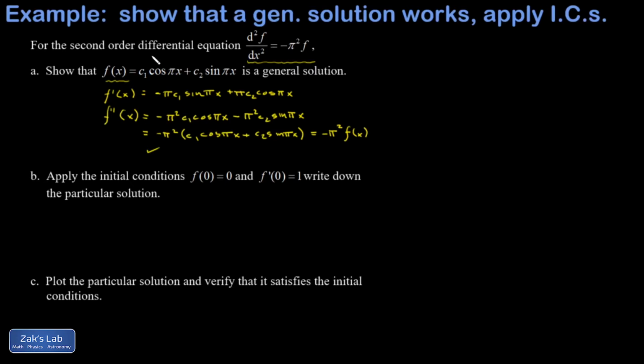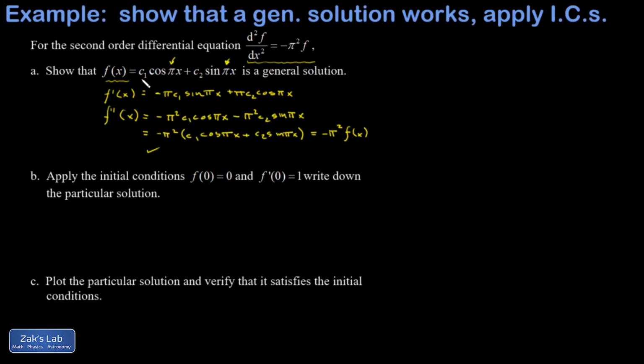One thing I wanted to point out about the solution space here is that this is all possible wiggles with a period of 2, because 2 pi over the coefficient of x is 2, that have a midline of 0. When you add together these sines and cosines, as long as they have the same period, you're always going to get a pure sinusoidal function.